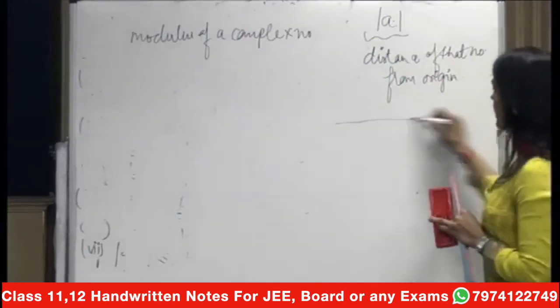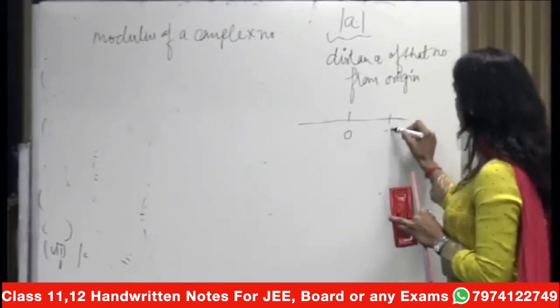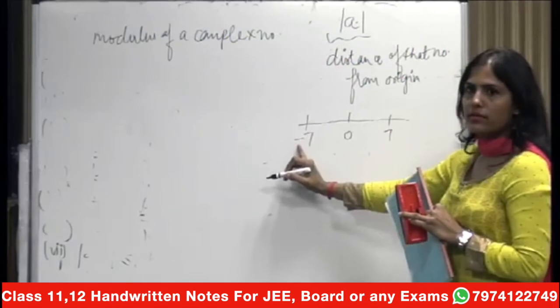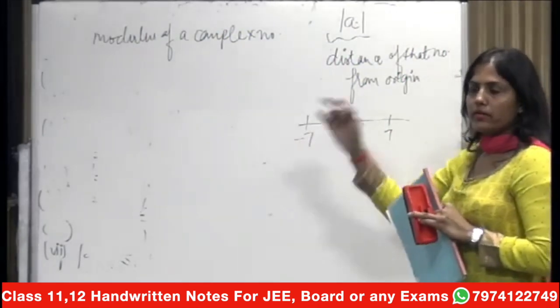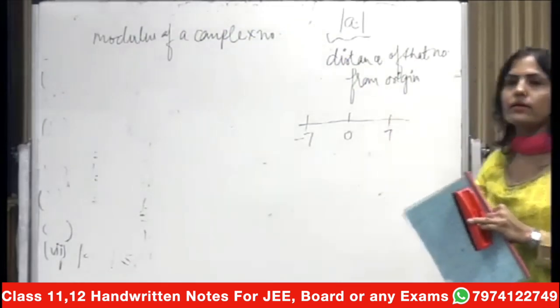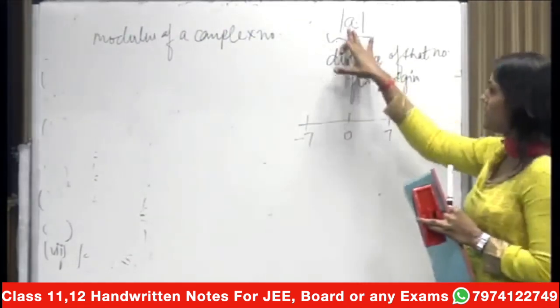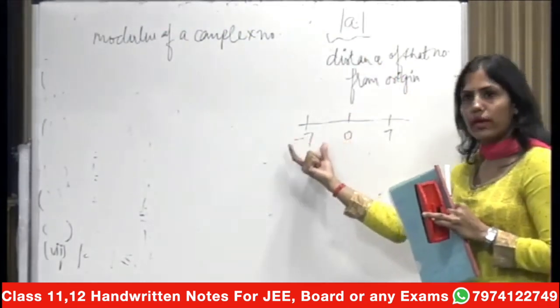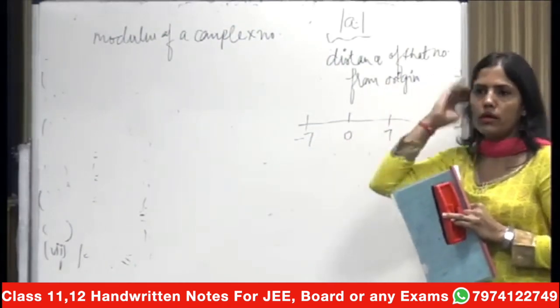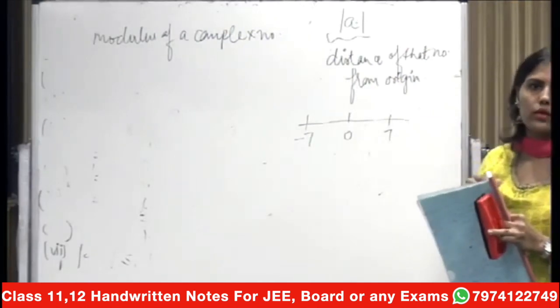Suppose this is 0, this is 7, this is minus 7. So distance between 0 and minus 7 is 7. You always write the distance as positive. Distance can't be negative. So modulus basically is the distance of that number from origin. This is another way of understanding it, another definition you can say.